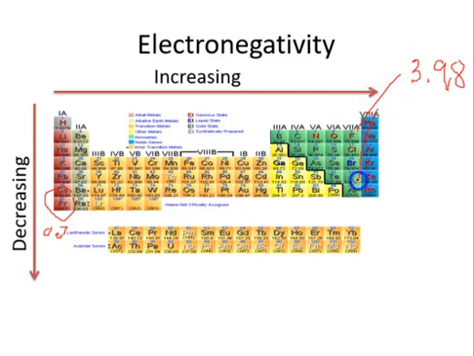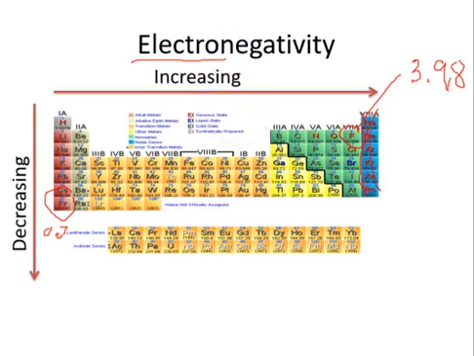So remember, the noble gases don't have electronegativities because they don't participate in bonding. So it increases, which makes fluorine the furthest one over to the right. And so the closer you are to fluorine, the higher your electronegativity value is.